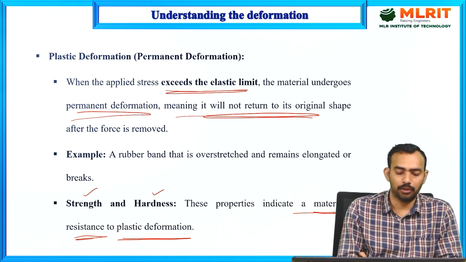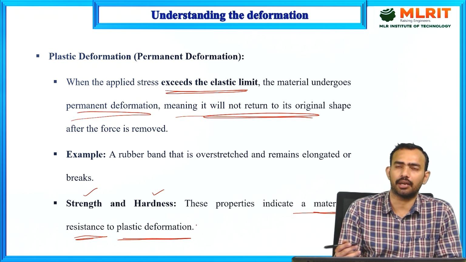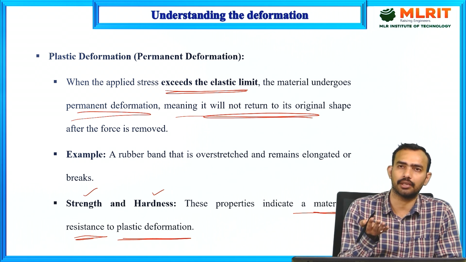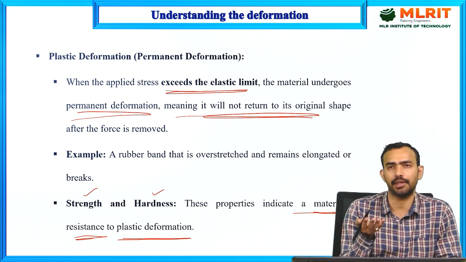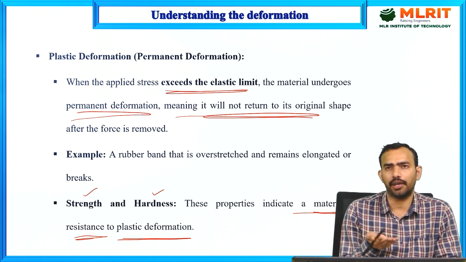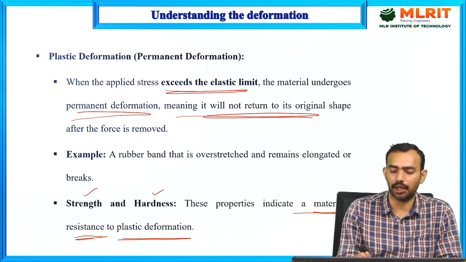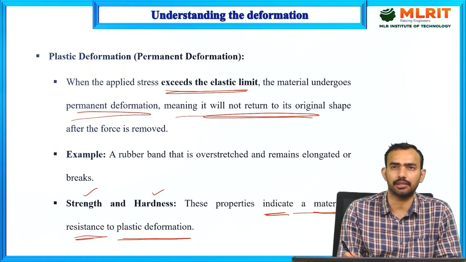So if plastic deformation is being arrested in the material, it means the material is offering more resistance against plastic deformation. Indirectly, in turn we call it a material having higher strength or hardness. They are the direct indicators of a material's resistance against plastic deformation.